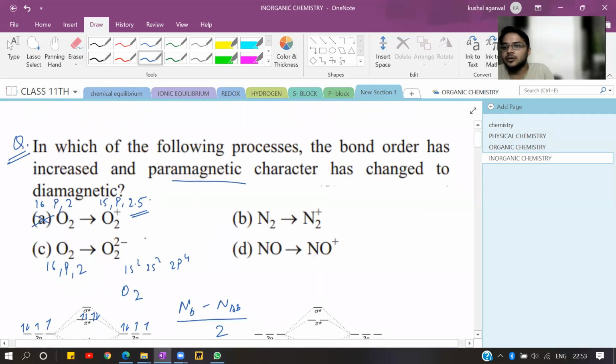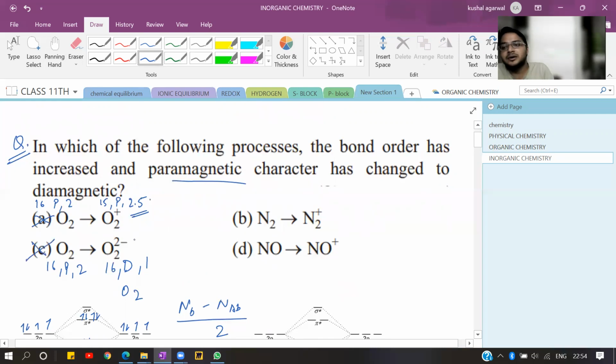So for O2 2 negative, the bond order is 1. The nature is diamagnetic. So the nature is changing from paramagnetic to diamagnetic, but bond order has not increased. Bond order here has decreased.